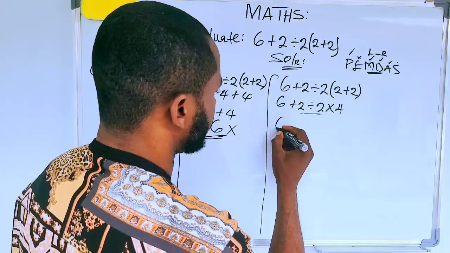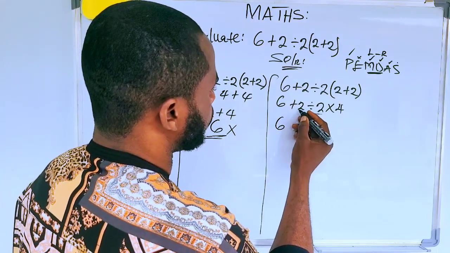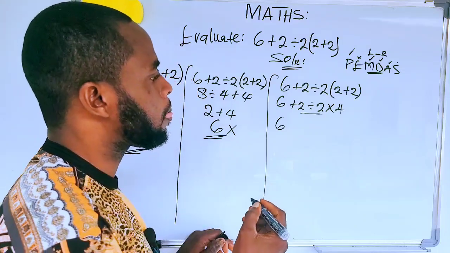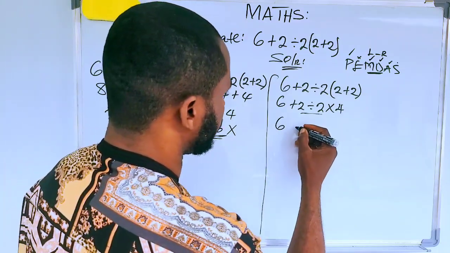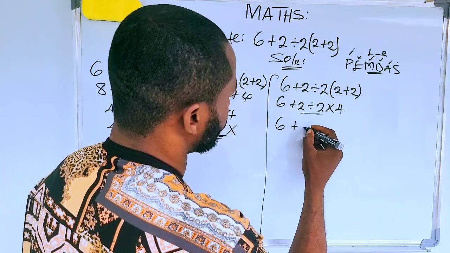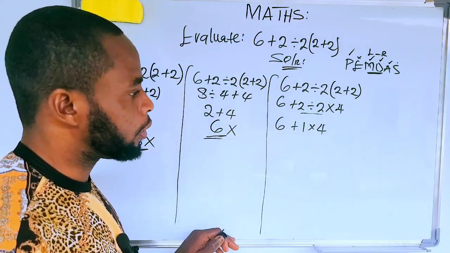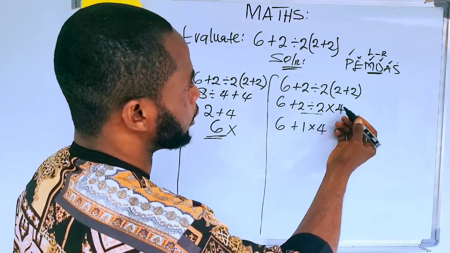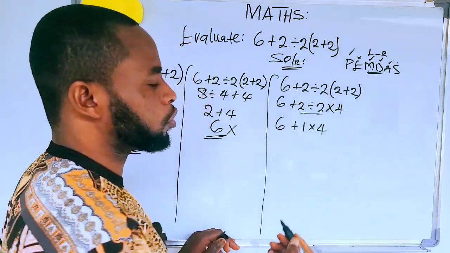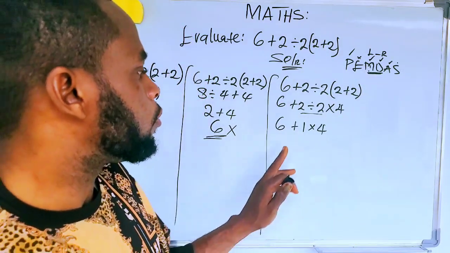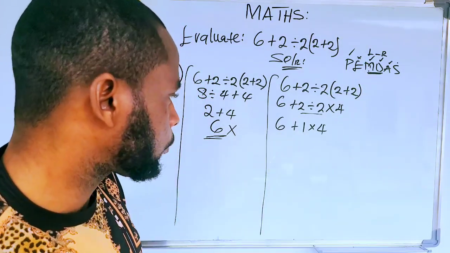Now we are going to have 6 plus 2 divided by 2. That will give us plus 1 times 4. Then at this point, we have multiplication. We're going to consider multiplication before addition here.